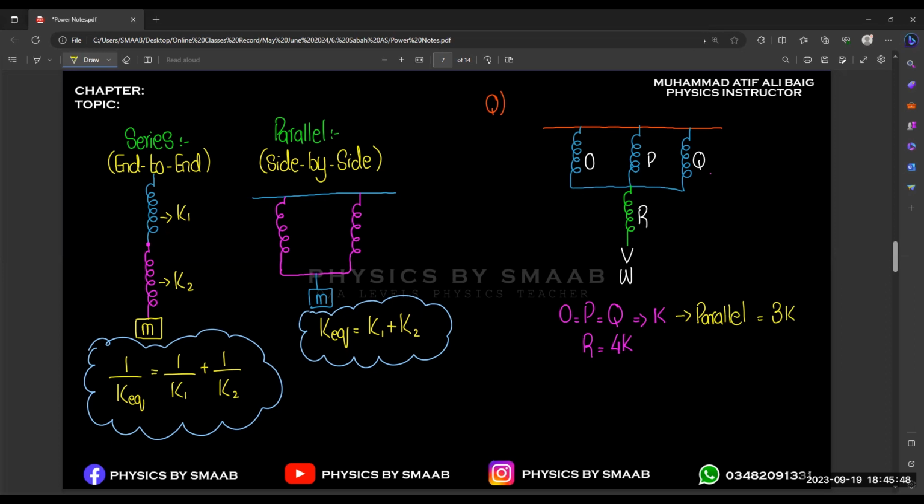And now we have to use the formula for series combination for 3k and 4k. So 1 over 3k plus 1 over 4k. It will give you 4 plus 3, so 7 over 12k.